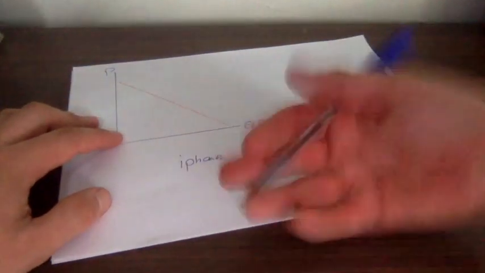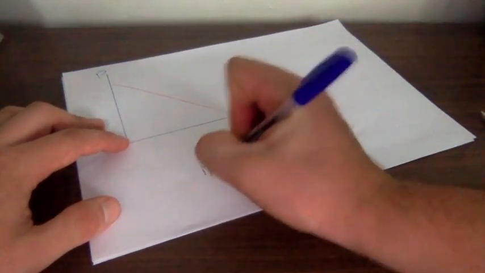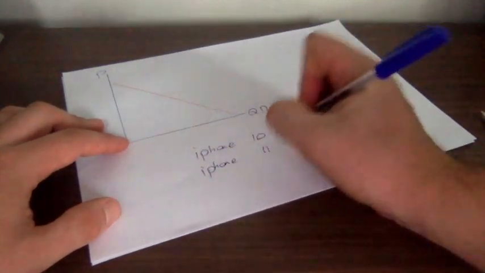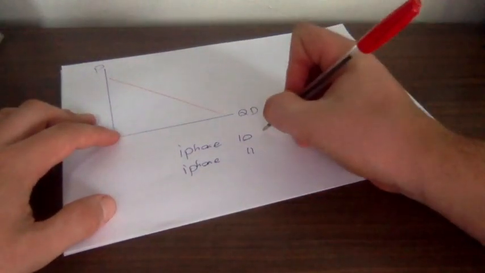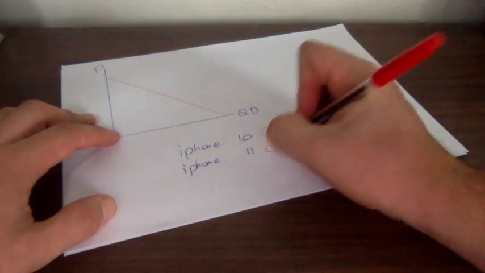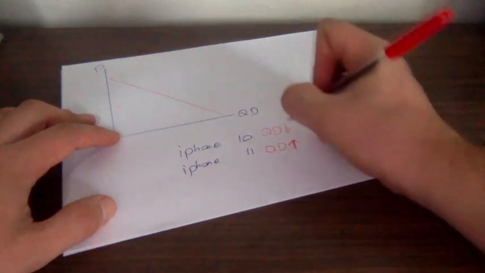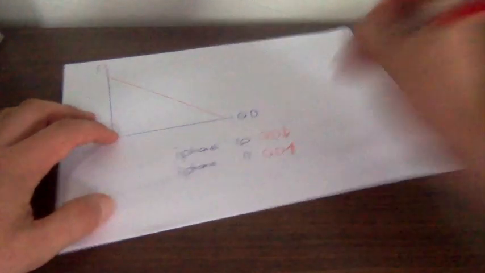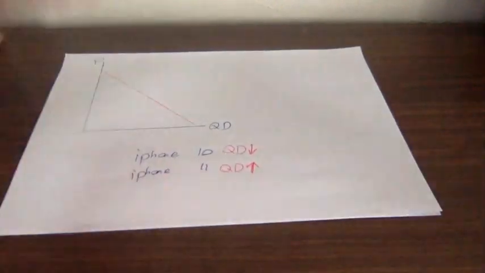What happens is, brand new technology. Apple releases the iPhone 11. What's going to happen? Quantity demanded for the iPhone 10 is going to decrease. The quantity demanded for the iPhone 11 is going to increase. New technology, people want it. They want to consume. Okay, so quantity demanded is going to increase.